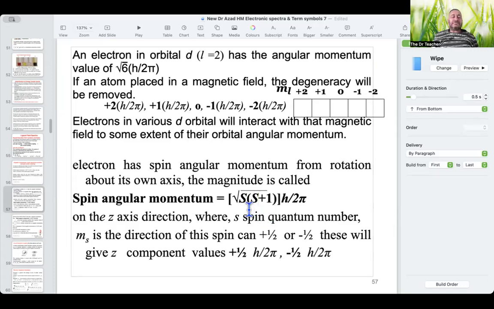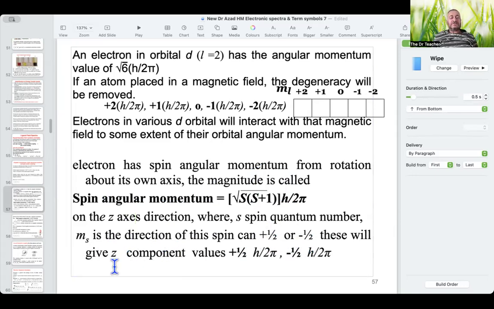So now S is the spin. So any electron has a spin angular momentum. It can form in this equation. So the Z axis direction, where S is the spin quantum number, ms is the direction of the spin, can be plus half or minus half. So clockwise, anti-clockwise.